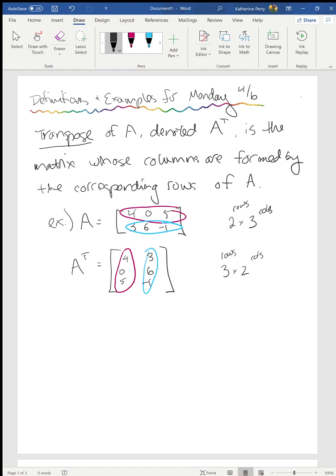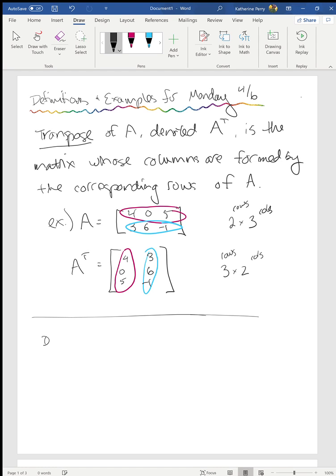Okay, and the next thing that I want to define with a matrix is the identity matrix, but let me define a couple of things to get there.